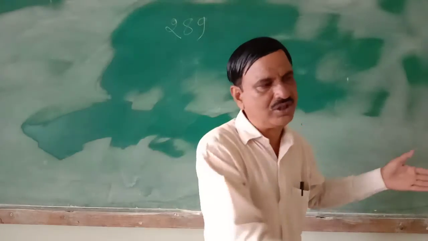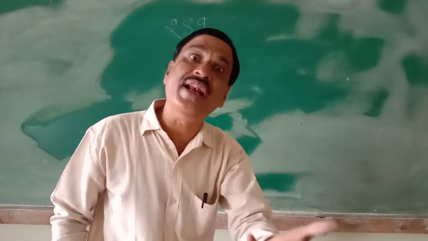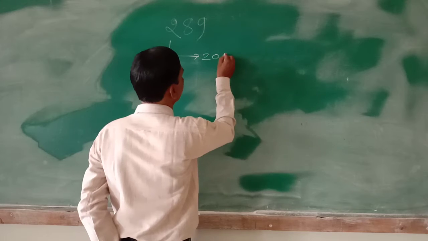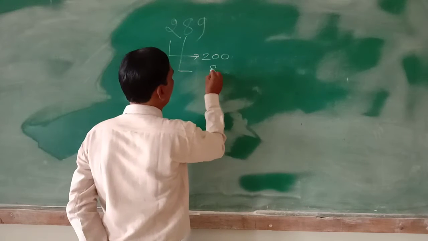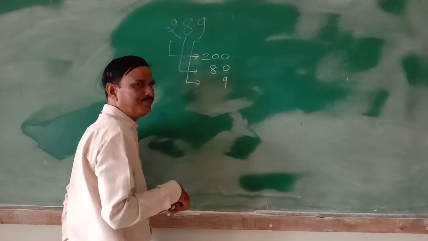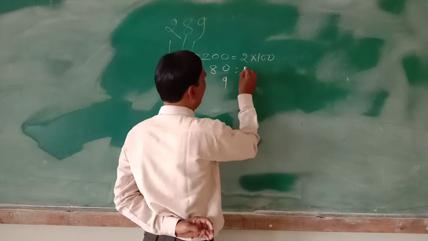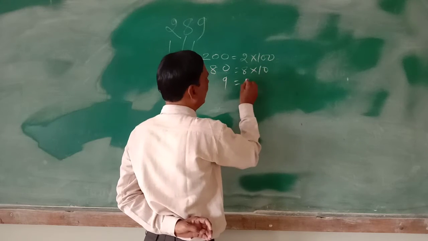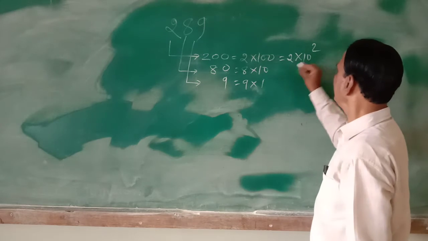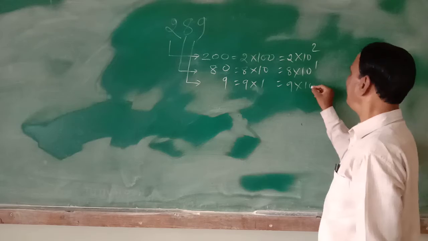We call it 289 because 2 stands for 200, 8 stands for 80, and 9 stands for 9. So here 2 into 100, 8 into 10, 9 into 1. In other words, 2 into 10 to the power 2, 8 into 10 to the power 1, and 9 into 10 to the power 0.